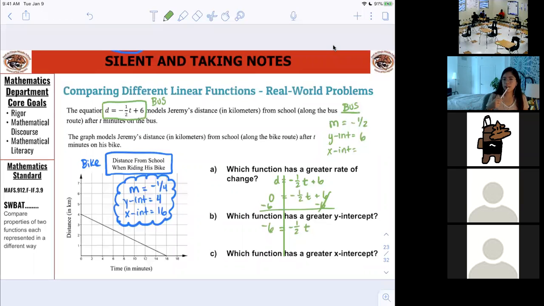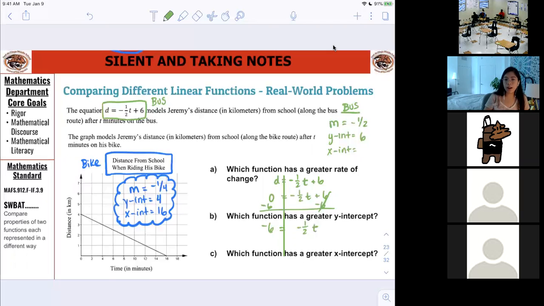What do I do when I have a fraction? Divide by the denominator. Close, Bianca, but not divide. So what operation should I use? Multiplication, yeah. I'm multiplying, and I want to multiply by the denominator. Since my denominator is 2, I'm going to multiply by 2.